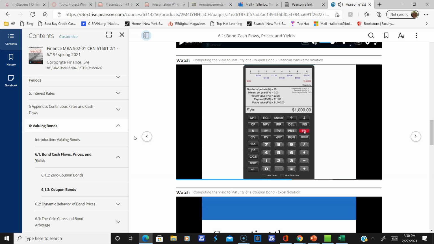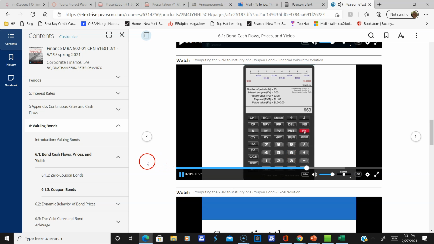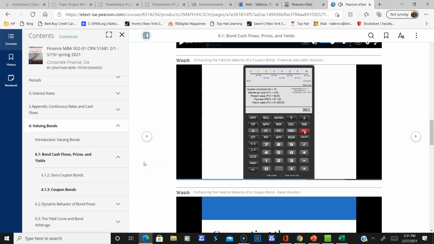The present value is the price. Remember, the price of a bond is just the present value of the cash flows you get from buying the bond. So the price is $963.11. In order for the way the calculator works to actually give you an answer, the present value has to be the opposite sign of the cash flows.